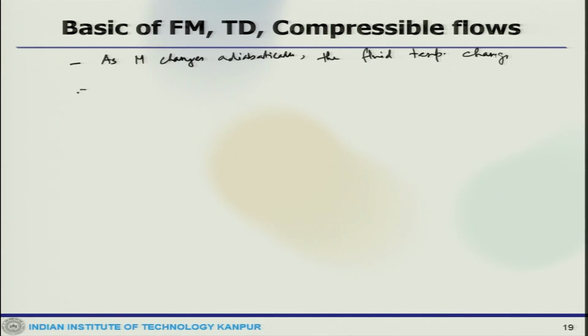So, when the fluid element arrives at M equals 1 from its initial state at M and T, let us say the new temperature is T star.